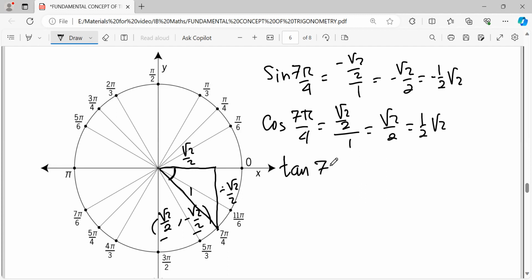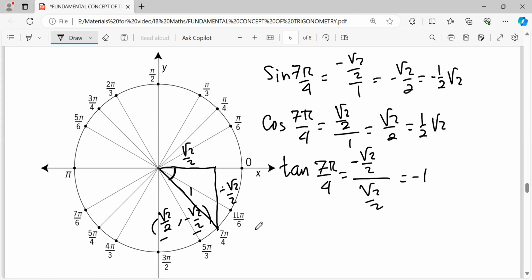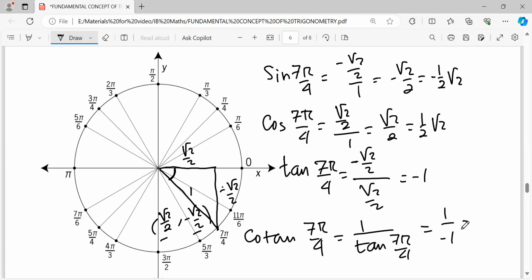Tangent 7 pi over 4 equals sine over cosine, this number over this number: negative square root 2 over 2 over square root 2 over 2 equals negative 1. Cotangent 7 pi over 4 equals 1 over tangent 7 pi over 4, 1 over negative 1 equals negative 1.